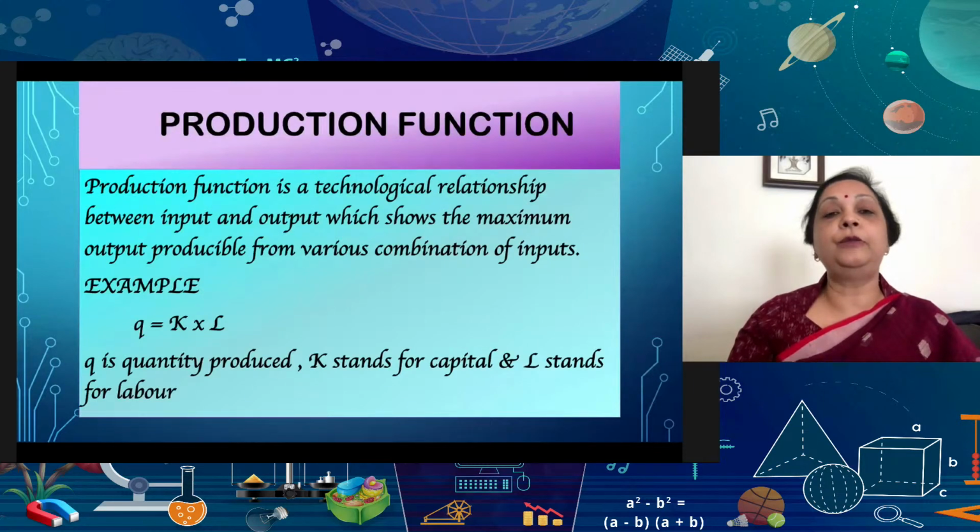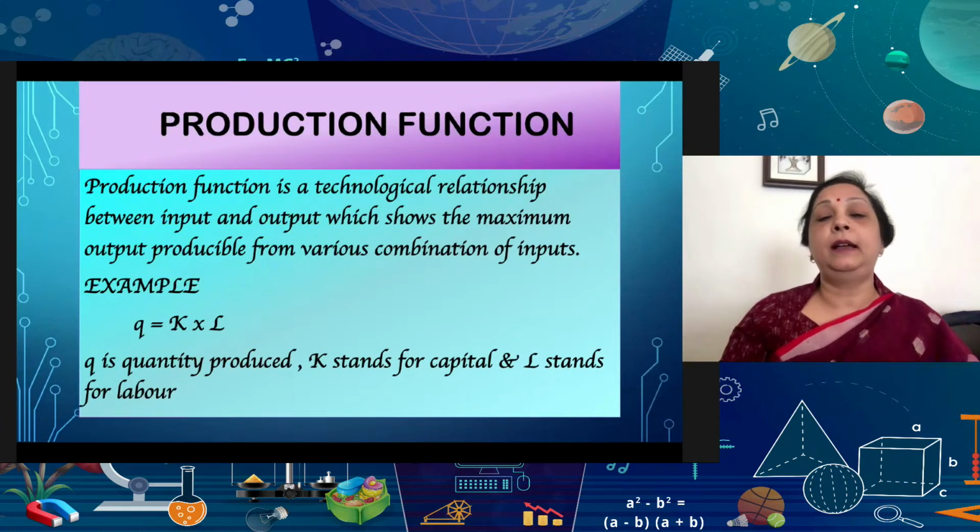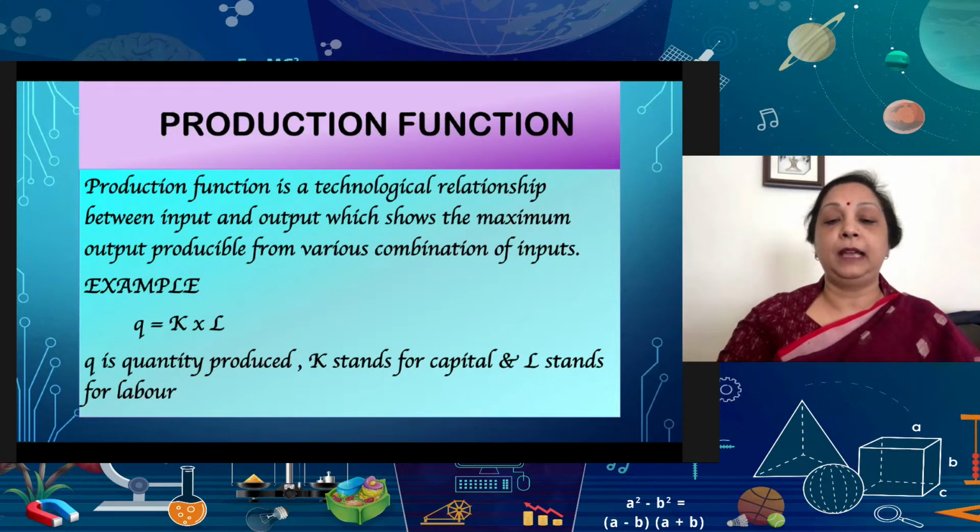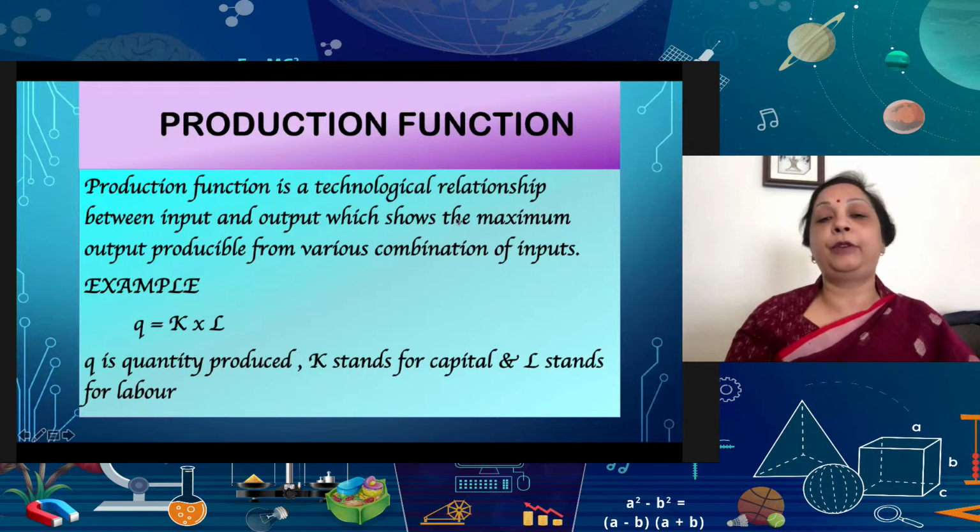Now we are going to move on to a little complex topic, as we call it. We are going to talk about production function. What is production function? As you can see, it's written here, production function is a technological relationship between input and output, which shows the maximum output producible from various combinations of input.